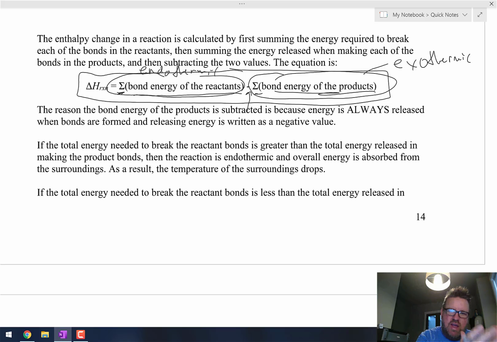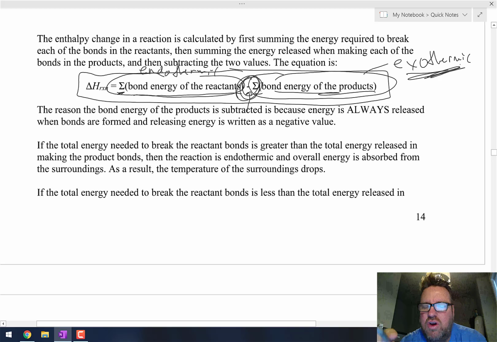And then you do the same thing on the product side. How much energy is released when these new bonds are formed? Then you put them together and make sure that you subtract them so that you're taking into account the exothermic nature of the bond energy of the products.